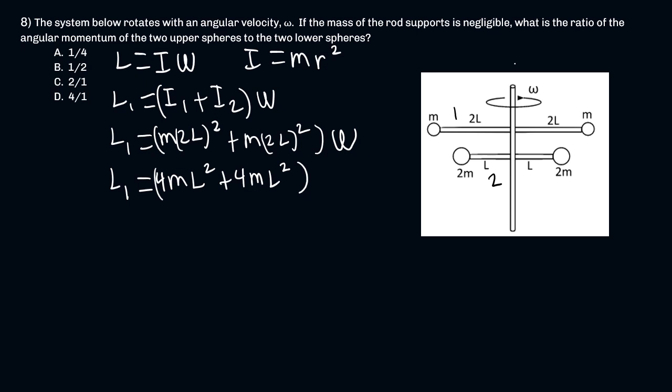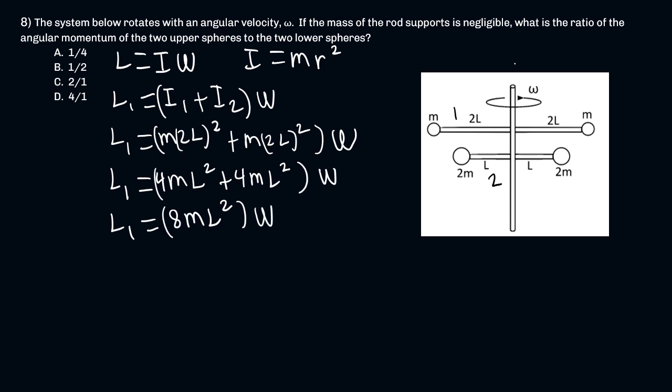And again, that comes from 2L squared. So 2 squared is 4, bring that to the front, and L squared is L squared. That's going to be the same exact one for both of these point particles, times omega again. And then finally, combining all of these, I'm going to end up with 8 m L squared times omega.